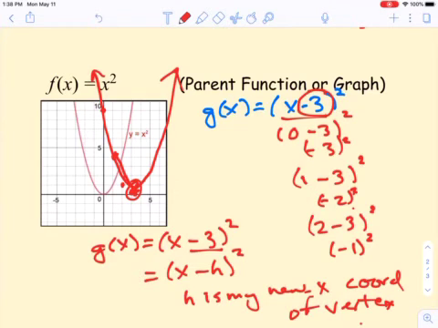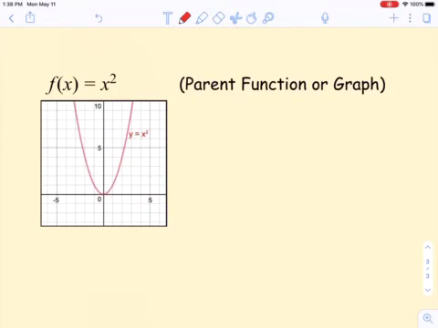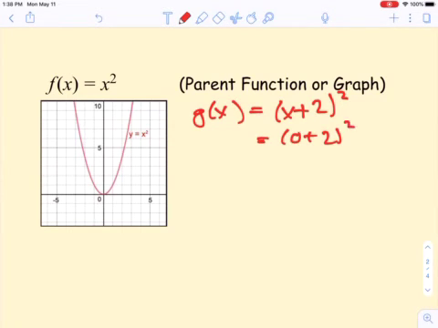Now let's look at an example where we're adding something. We're going to use g of x equals the quantity x plus 2 squared. If I put 0 into this, I like to start with 0, you get 0 plus 2 squared, which is 2 squared, which is 4.